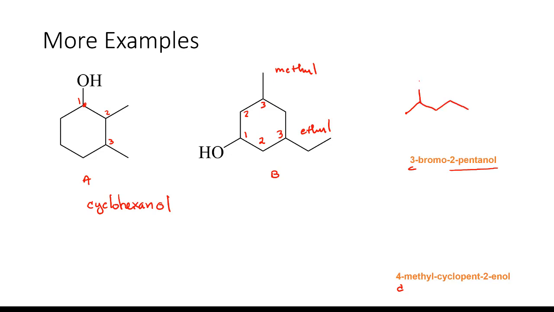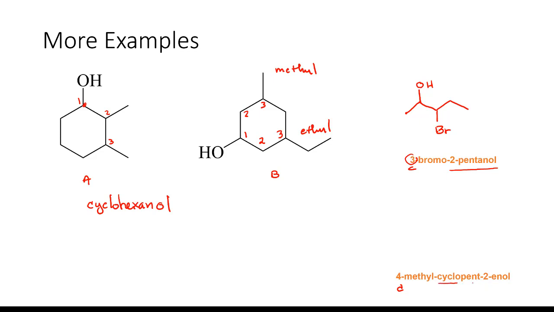And then this would be my OH because it's 2-pentanol. And in the 3 position, I have a bromo group, so that would be 3-bromo-2-pentanol.